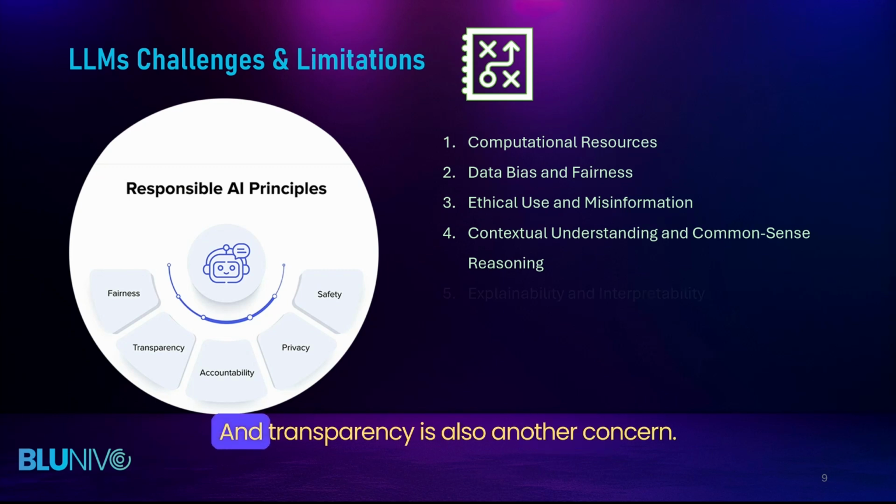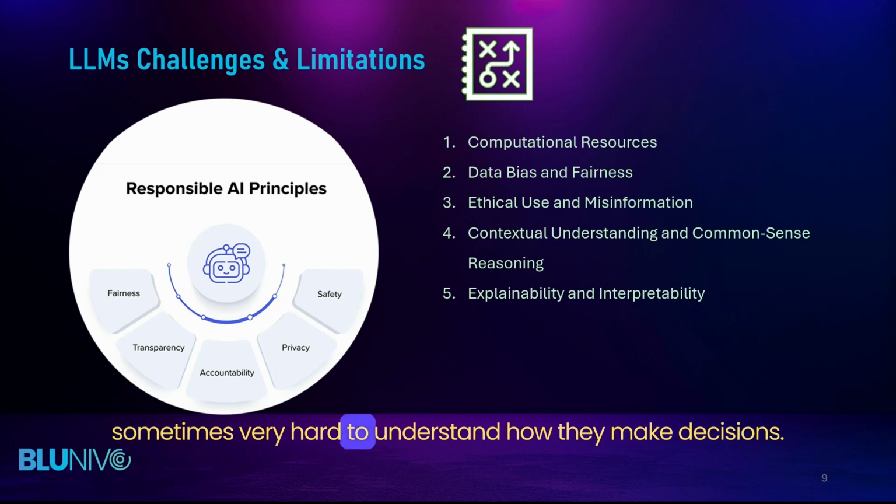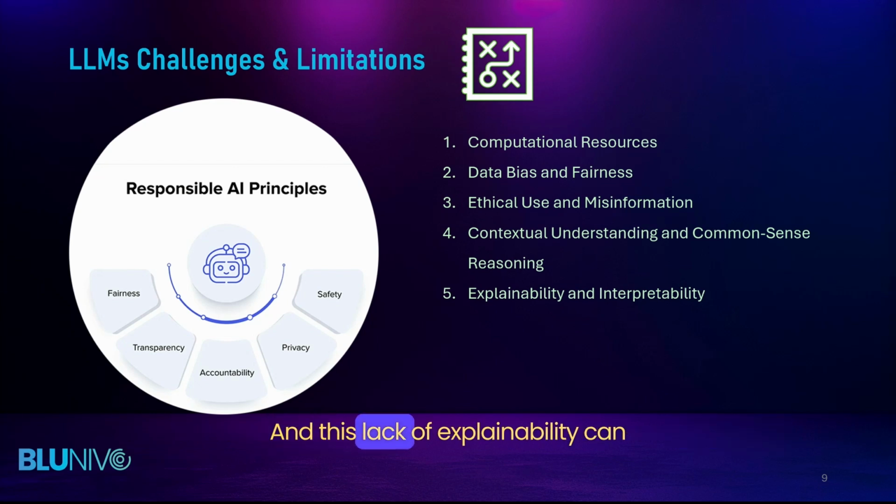And transparency is also another concern because LLMs are often seen as black boxes. It's sometimes very hard to understand how they make decisions, and this lack of explainability can affect user trust and accountability.